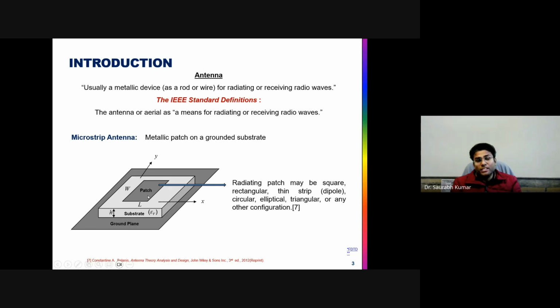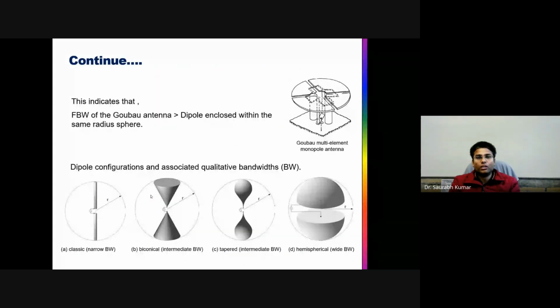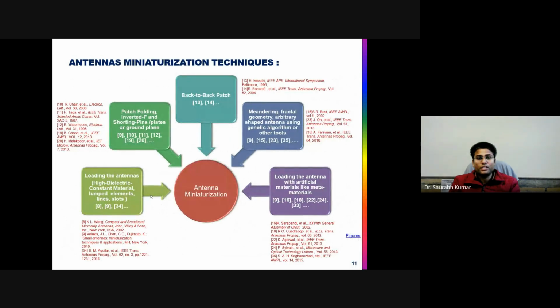If someone is able to reduce its size by folding this structure, including the patch as well as the ground plane, like folding a paper, one can say it is half of its physical dimension. But there will be a cross polarization level enhancement due to this folding effect.